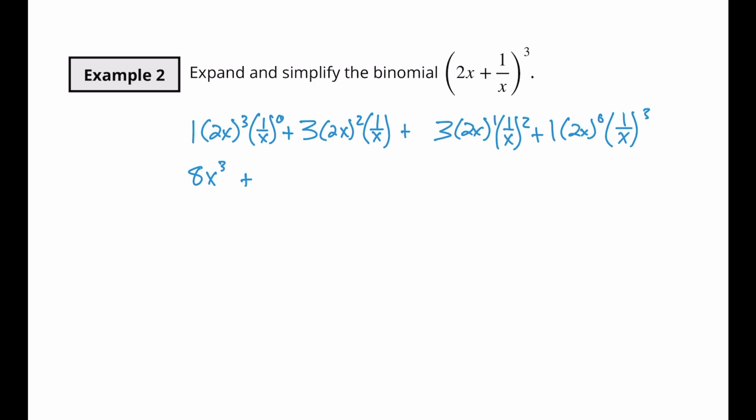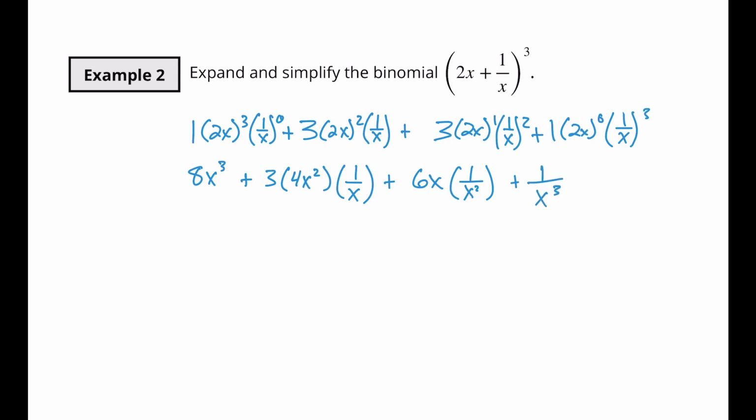So you know what? I'm just going to do 3 times 4x squared just to keep track of all that. And then I've got 1 over x. Now I've got 3 times 2x, so that's just going to be 6x times 1 over x squared. And then finally, I've got 1 times 1 times 1 over x cubed.